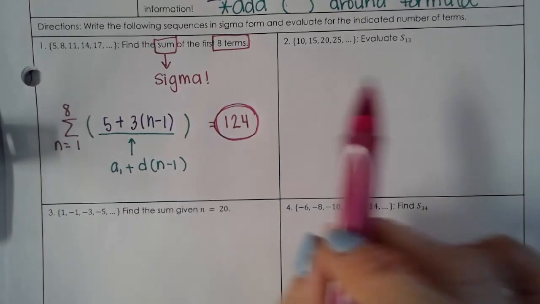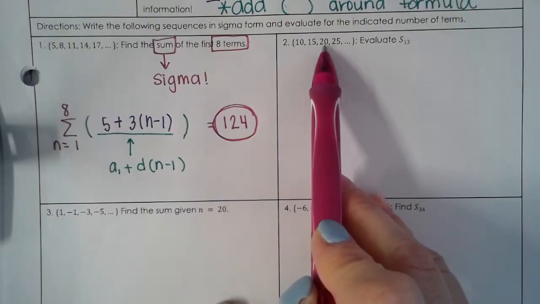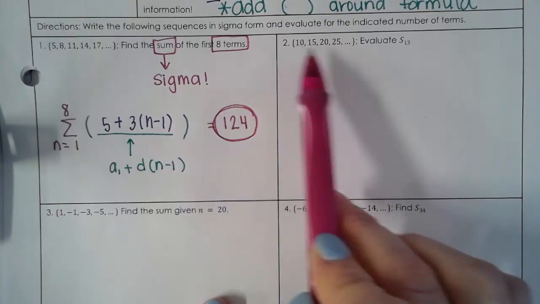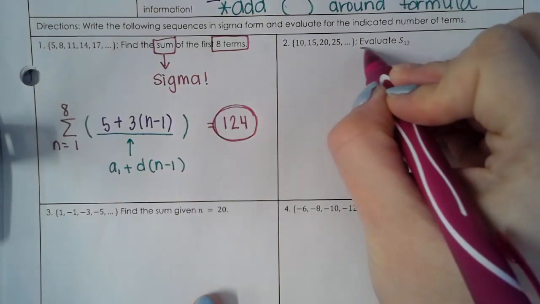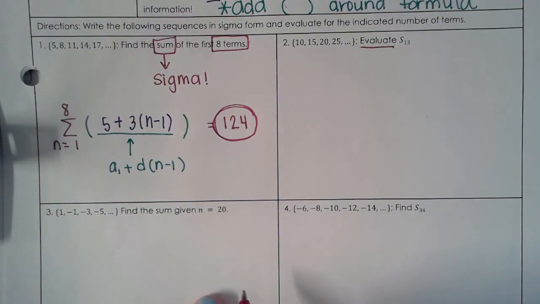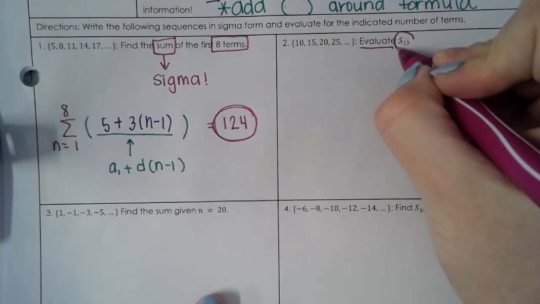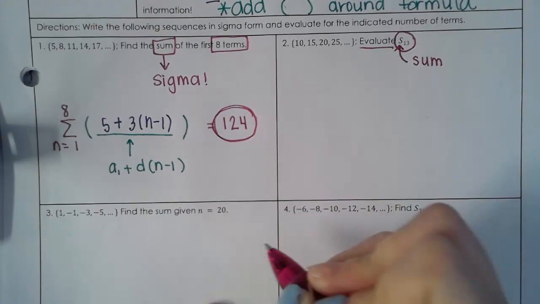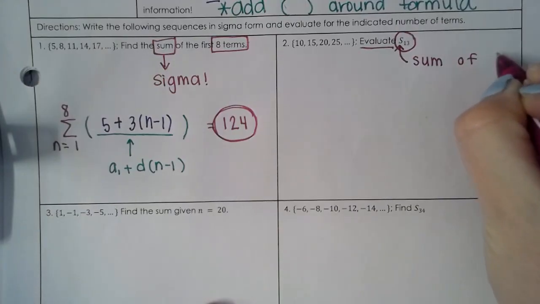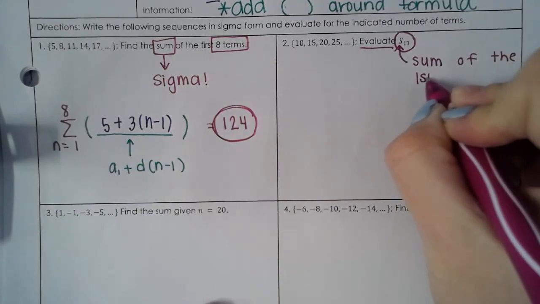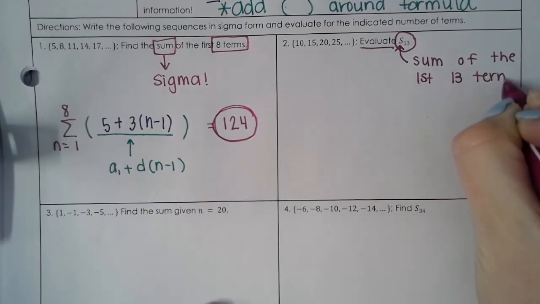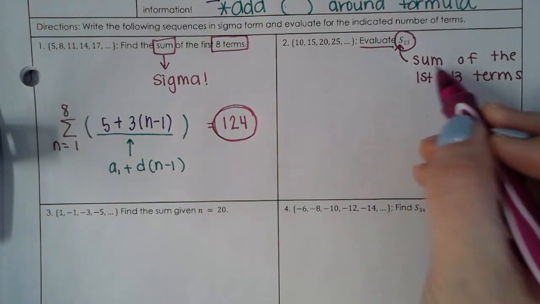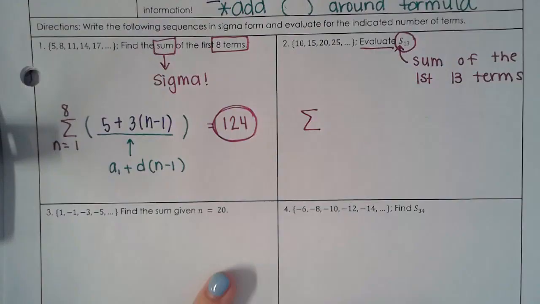All right, number 2. Let's look at the sequence 10, 15, 20, 25. Notice you are adding 5 every time, which tells me it is arithmetic. It says evaluate. That just means find, get the answer. Evaluate S13. That just means the sum of the first 13 terms. So when I'm doing sum, I know I'm going to need sigma.